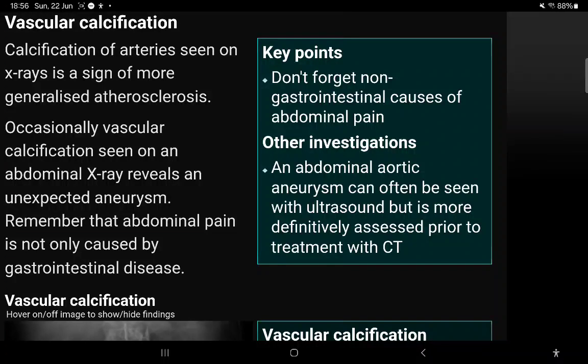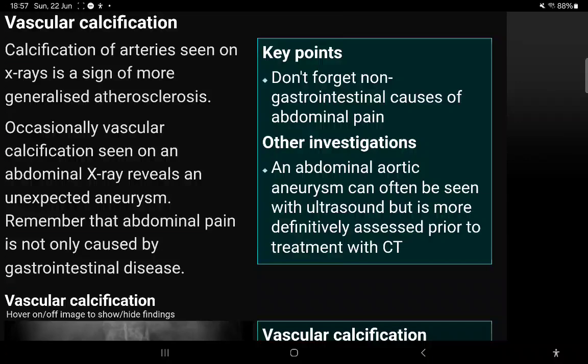Vascular calcification. Key point: don't forget non-GIT causes of abdominal pain. Other investigations: an abdominal aortic aneurysm can often be seen with ultrasound, but is more definitively assessed prior to treatment with CT. Vascular calcification of arteries seen on X-rays is a sign of more generalized atherosclerosis.